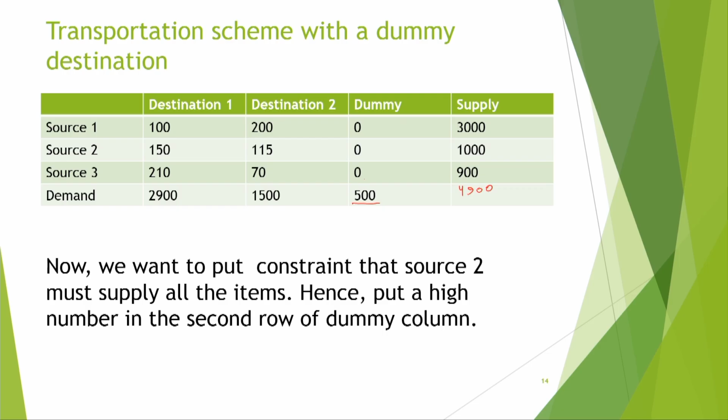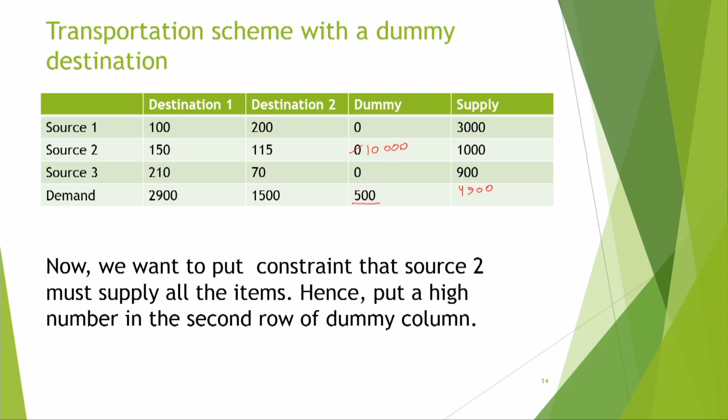Now we want to put a constraint that source 2 must supply all the items. Suppose some problem has been made in a different way, and we say source 2 must supply all the items. Then what should I put? Then put a high number in the second row of the dummy column. Suppose instead of 0, I put 10,000.